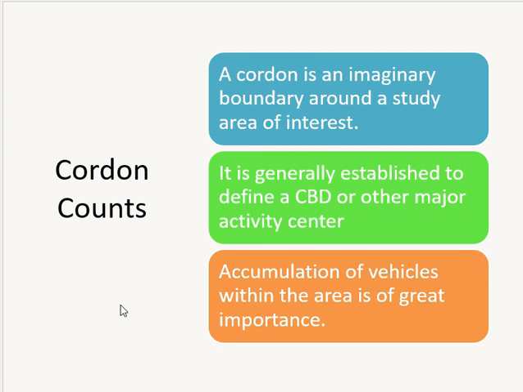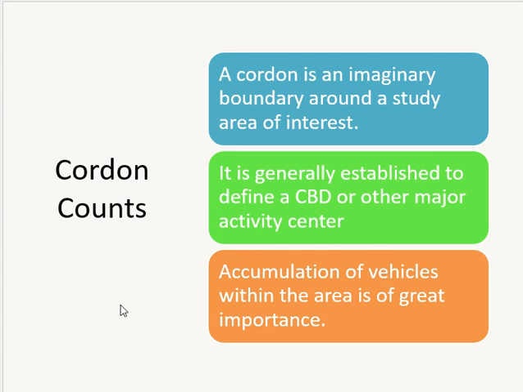These commercial areas may have lots of stores or restaurants or offices. Get my point? And normally the demand in these commercial areas is very high. So these areas become important for us because they cause so much demand, and so much demand means traffic congestion, delay, and so on.